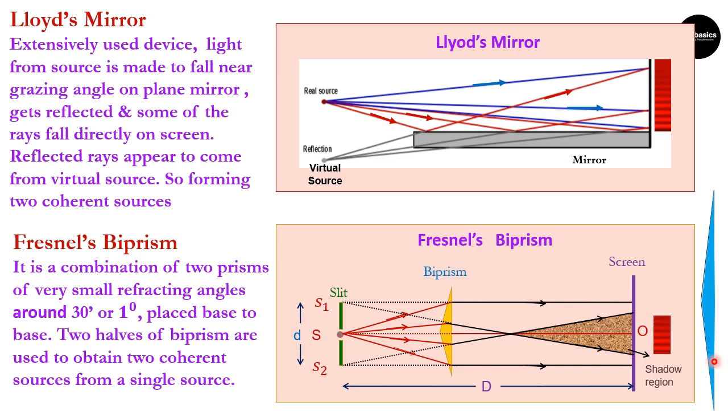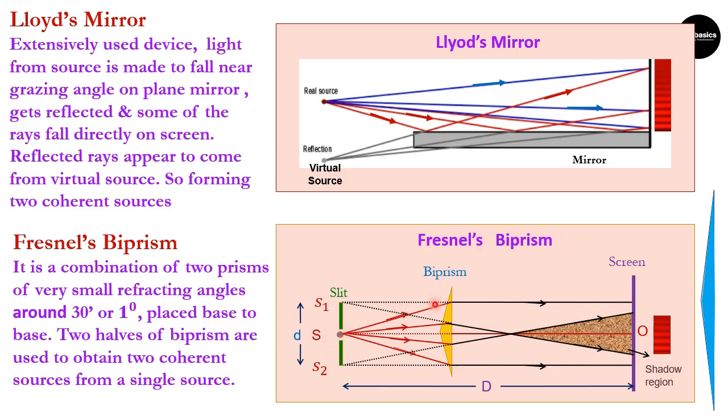These two coherent sources will give us light of constant phase difference, or rays will be in phase, and we get an interference pattern in the shadow region. This is the shadow region for the light coming from the two sources, and here we observe the interference pattern. Which are the two coherent sources here? S1 and S2. These two coherent sources are formed from the single source S.